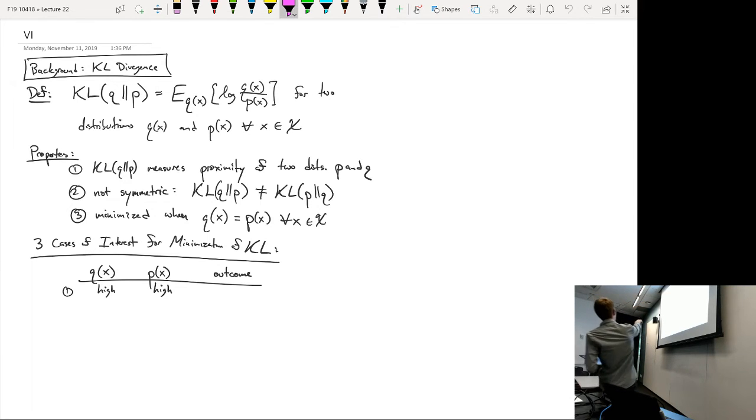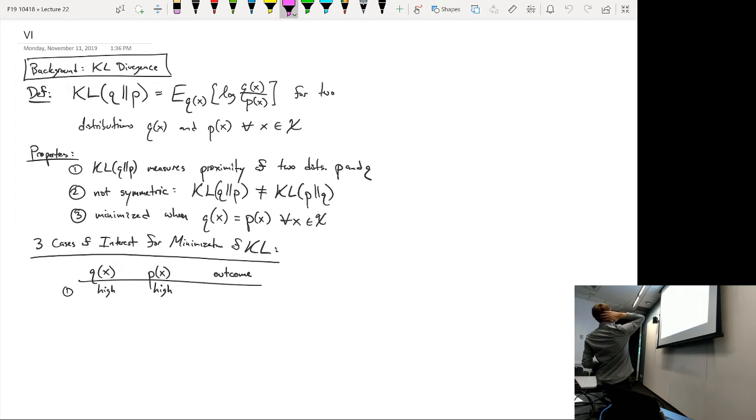Okay, so if both Q of x is high and P of x is high, then is that going to make the KL divergence higher or lower? Lower, right? Because if Q of x is large, then whatever the term is going to contribute more to that expectation.